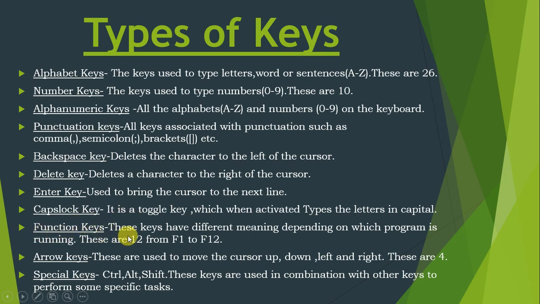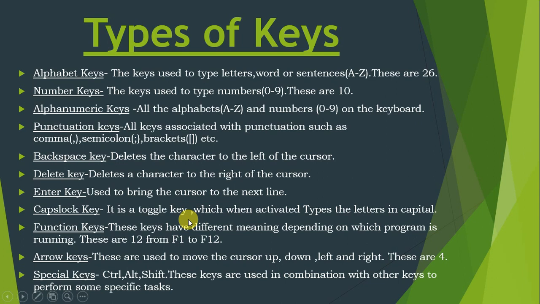Function keys. These keys have different meanings depending upon which program is running, and these are total 12 keys from F1 to F12. You must have seen, like in MS PowerPoint, the F5 key is used to run a slideshow, and sometimes we use other function keys for some other purpose. So basically it depends upon the program in which they are being used.